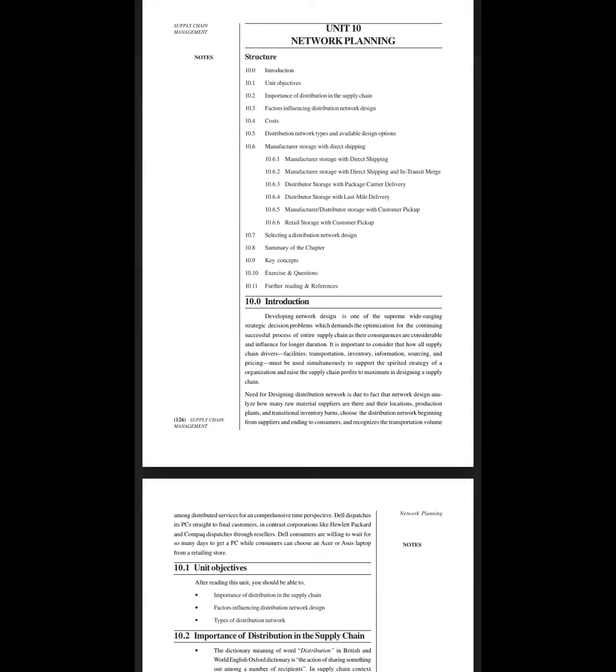Suppose you are having a B2B business, right, business to business. At that time you should have good strategic planning to deal with the other people, right? So the client, see, your work is to help the other client also.